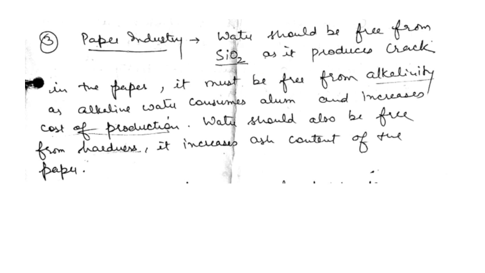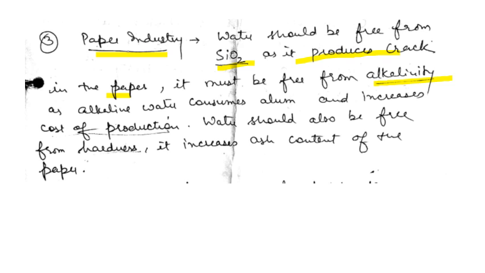Now, if we see the paper industry, the water should be free from silica. If we are using the water in the paper industry, it should be free from silica because it produces cracks in the paper. And it should be free from alkalinity. These are the parameters to be seen when we are using water in the paper industry.